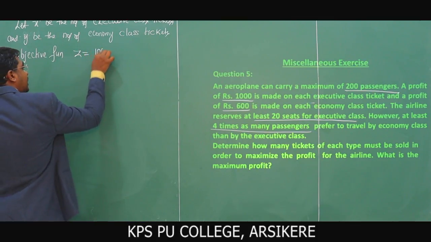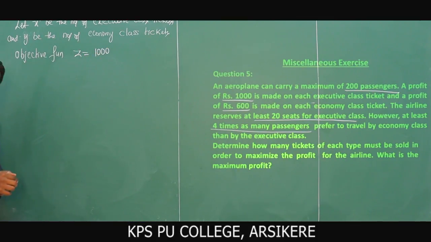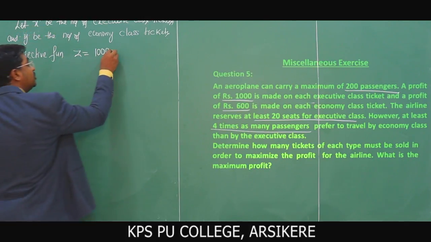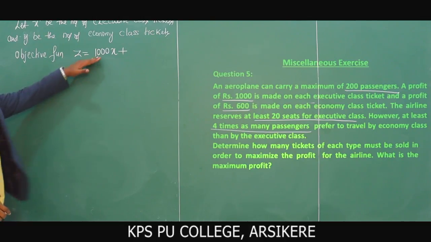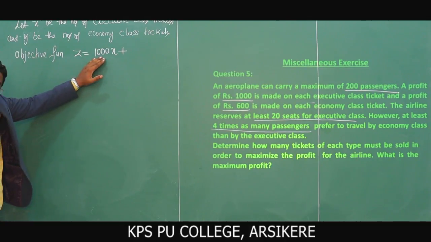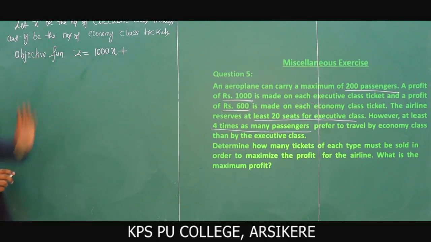For one ticket you earn 1000 rupees, for 2 that becomes 1000 into 2, for 3 that becomes 1000 into 3. For x number of executive class tickets, that becomes 1000 into x. This is the total profit obtained by the airline from executive class tickets.